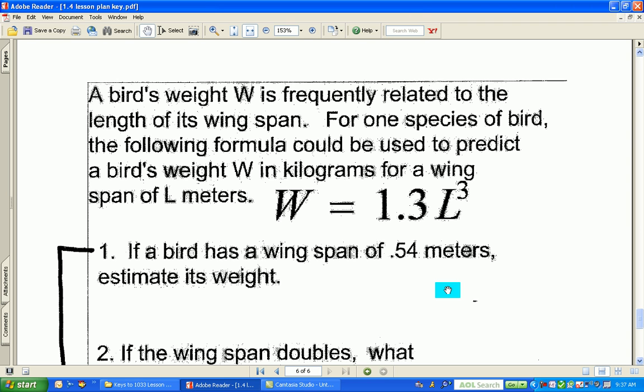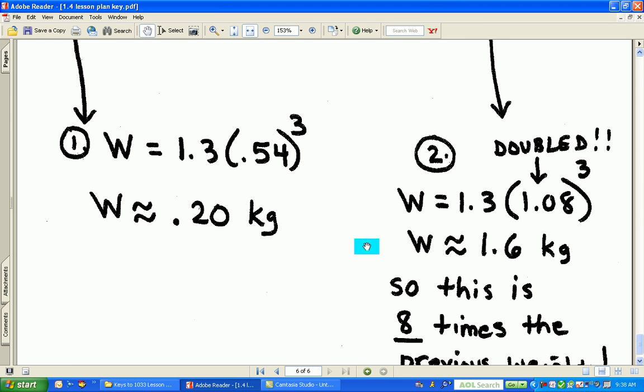Estimate means use a calculator. 0.54 is the length of the wingspan, so we put that in for L. So we end up getting W equals 1.4 times (0.54) raised to the third power. In other words, we plug into the formula.